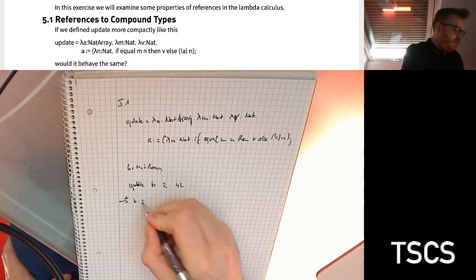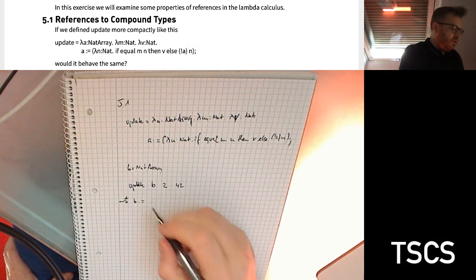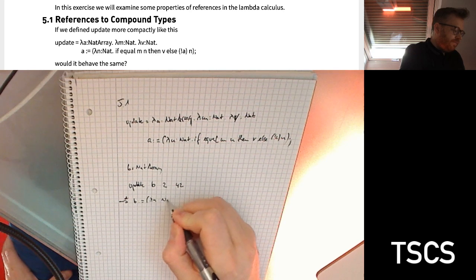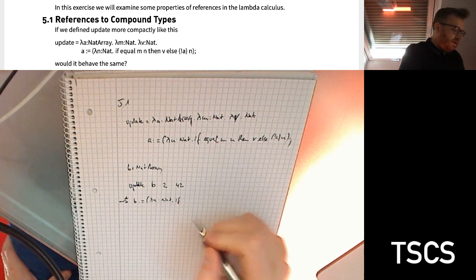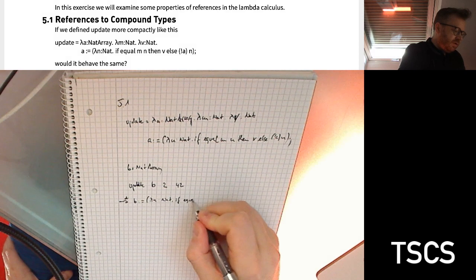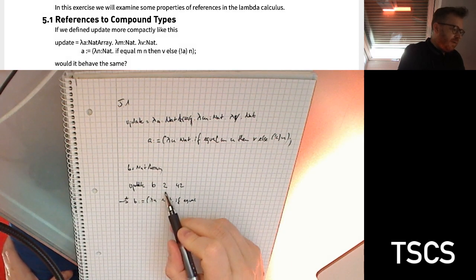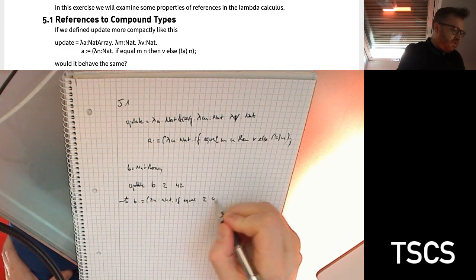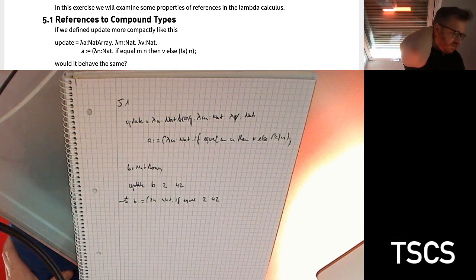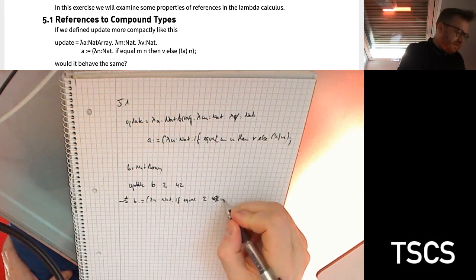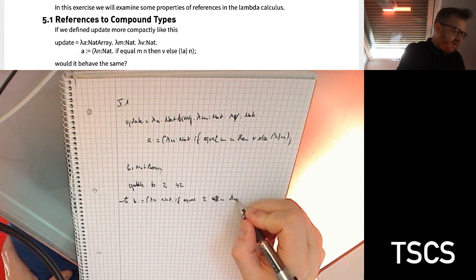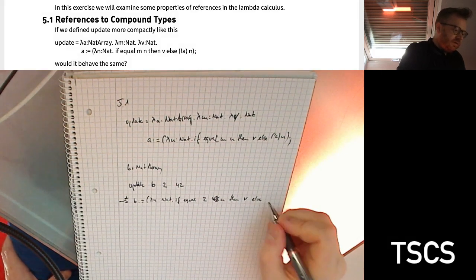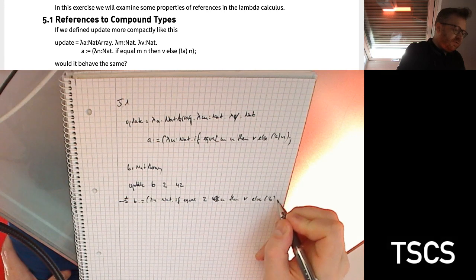So B is assigned to lambda n not if equal m would be 2, 42, n, it's not v, then v, else dereference b, n.